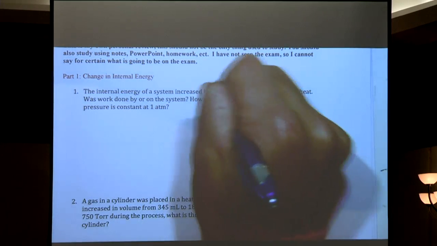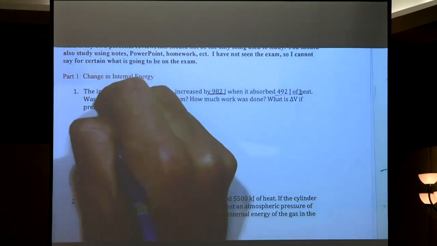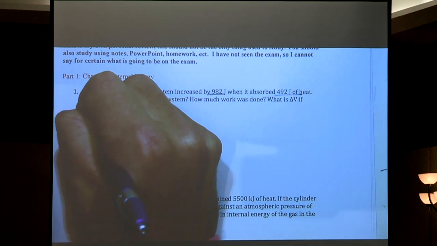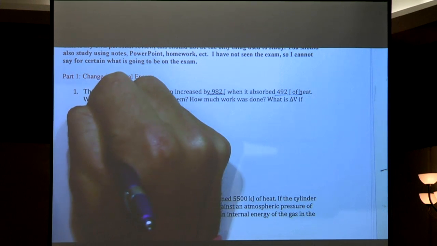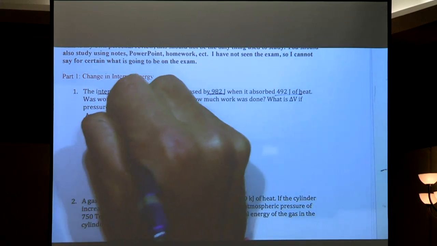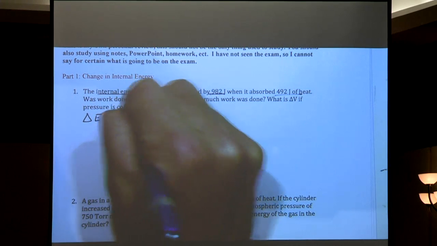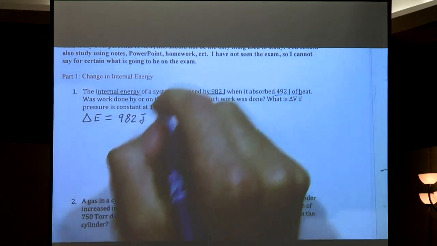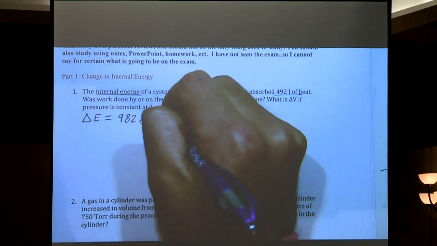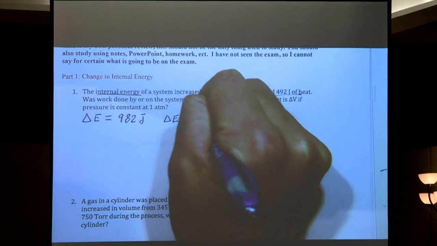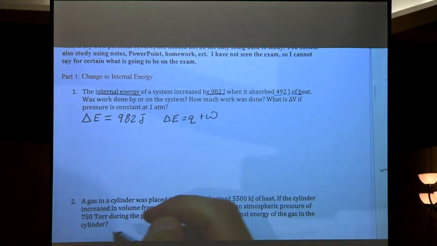So we have the internal energy. What's the internal energy variable? Delta E. Increased by 982 joules. Okay? So we know the formula corresponds to delta E. It's delta E equals Q plus W. Okay?